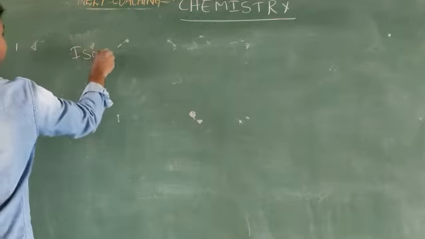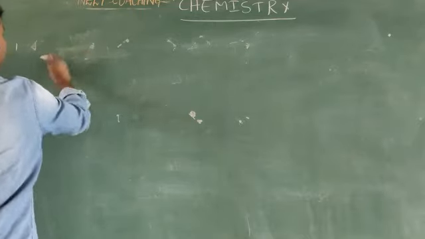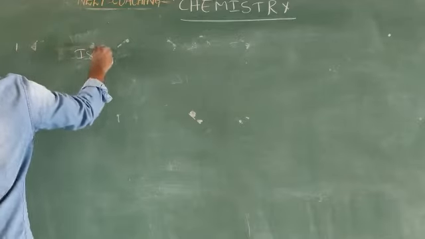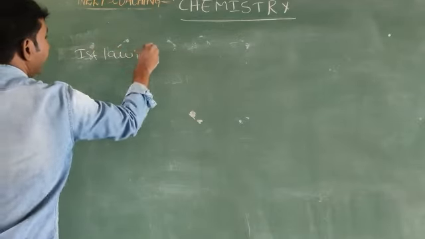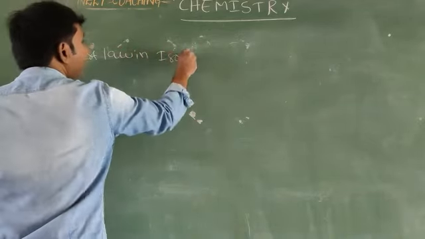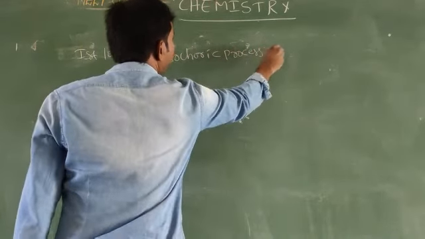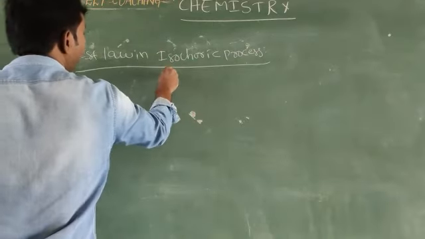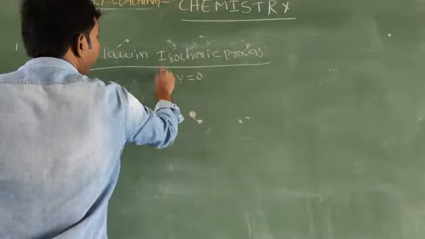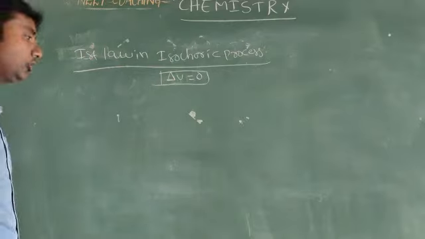Isochoric process. First law in isochoric process. Isochoric process means del V equals 0; volume remains constant.